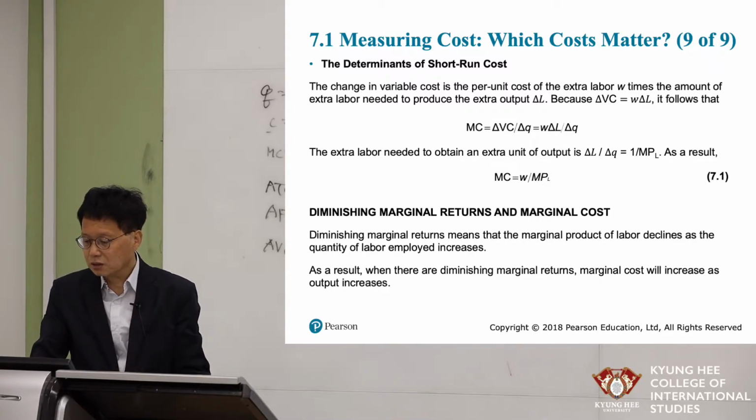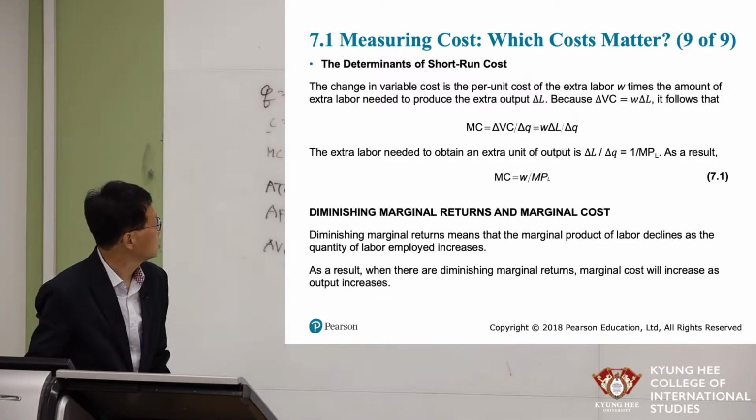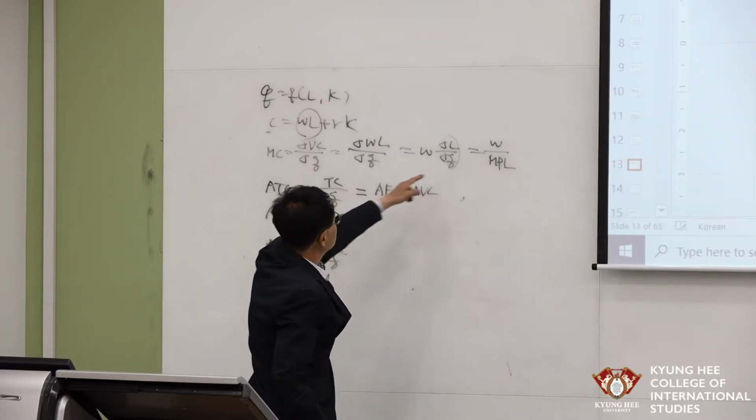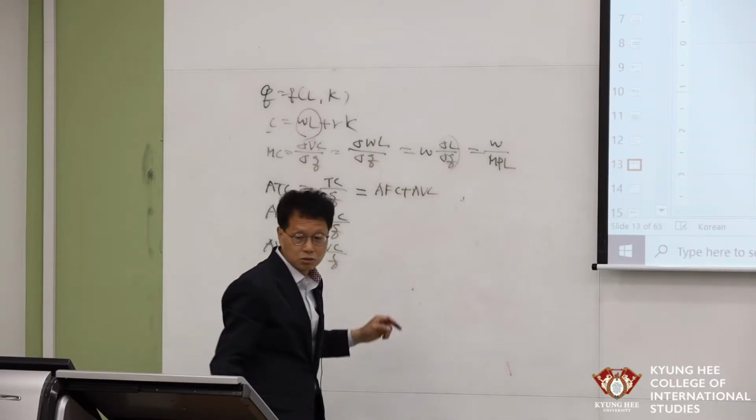Diminishing marginal returns and marginal cost. Diminishing marginal returns, in the earlier chapters, means that the marginal product of labor declines as the quantity of labor employed increases, right? So diminishing marginal returns and increasing marginal cost are the other side of the same coin, simply speaking.